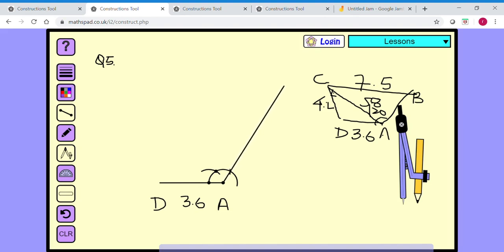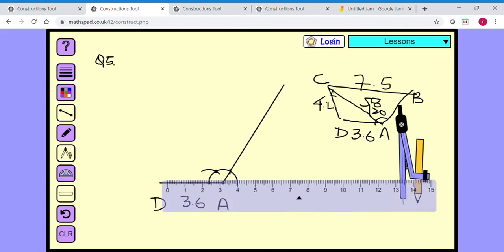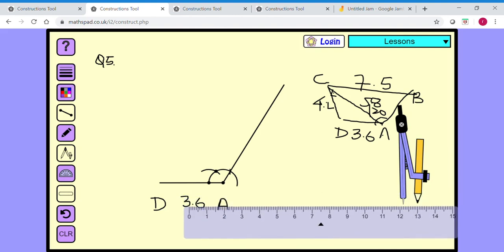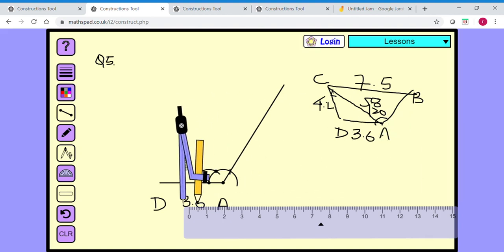So somewhere on this line lies my point B. Let's find point C. C is 4.2, not 4.8, from D. So let me measure 4.2.